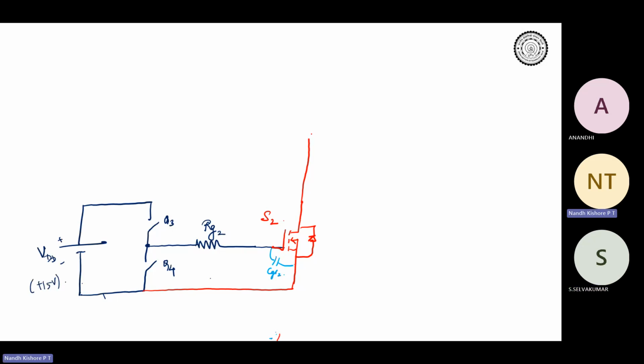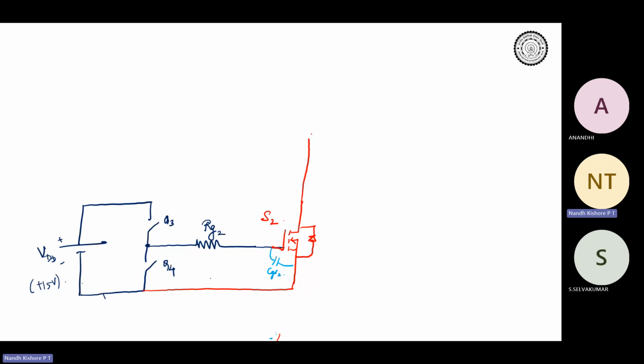So what you have to do is turn on Q3. If you turn on Q3, then the path will be VDD, Q3, RG2, then the device. That means the device will turn on. And if I want to turn off S2, I will turn off Q3 and turn on Q4.